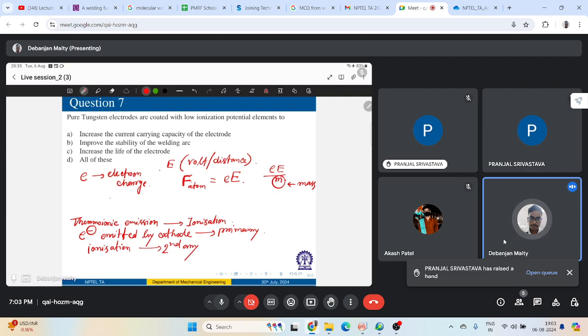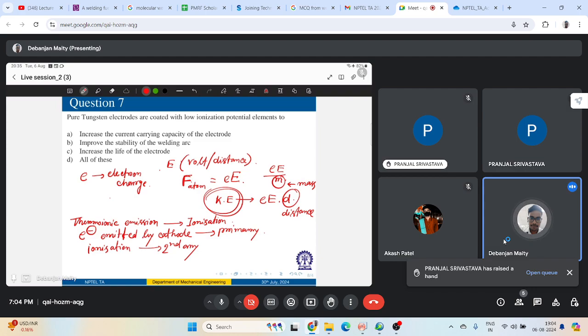If it travels through a distance d before colliding with another particle, the kinetic energy will be E into d, where d is the distance traveled by that electron. This kinetic energy is nothing but the heat that manifests itself through increased temperature. Because of that kinetic energy, heat is generated. So this is in terms of the arc physics.